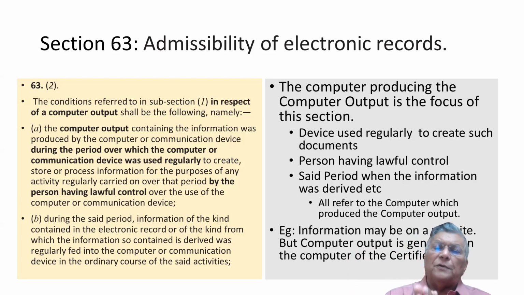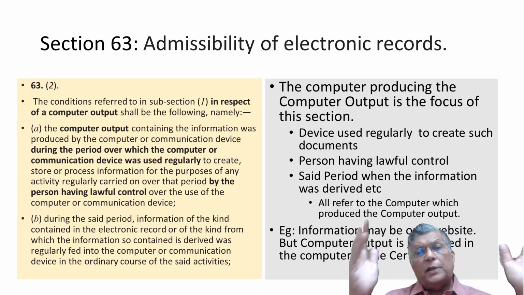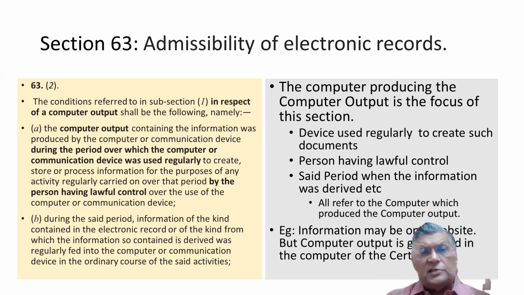See, if inside the primary document, let us say we are talking of a 10-year bank statement, you are looking at the ICICI Bank server, a particular account number, and then it is showing a 10-year statement. Now, I am not trying to say that over a period of 10 years, the ICICI server was working properly.